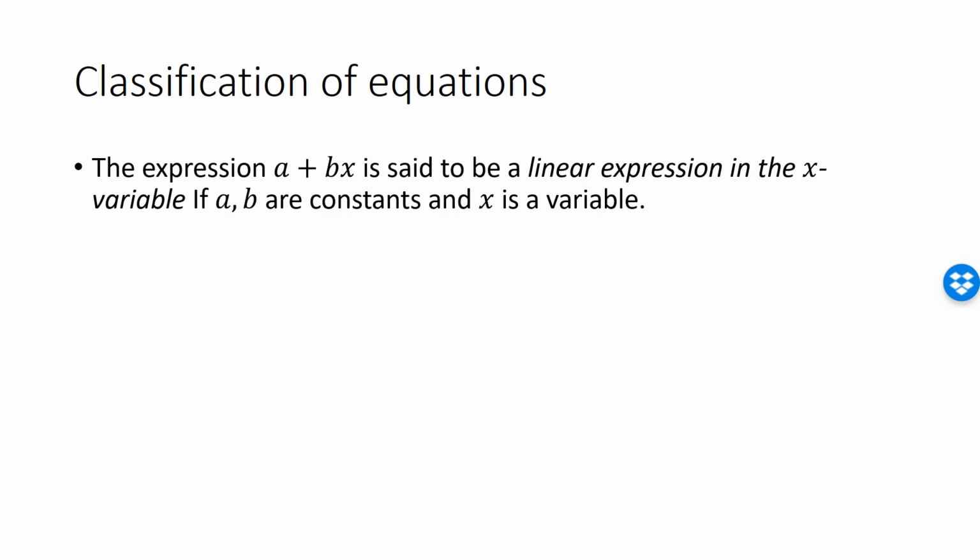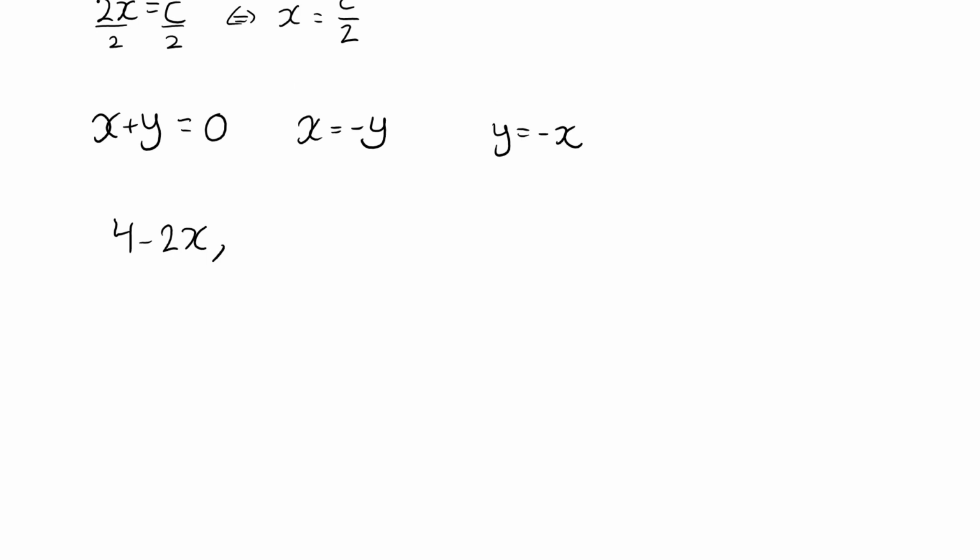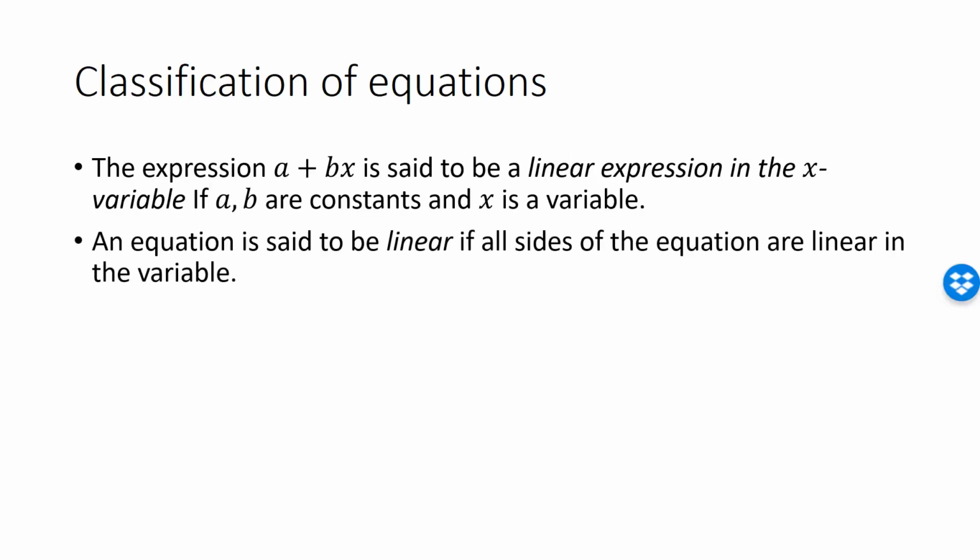So for example, 4 minus 2x, b times x, a plus 3x, and minus 5 are linear expressions, while x squared is not. We say that an equation is a linear equation if both the left-hand side and the right-hand side are linear expressions. Such equations are always very simple to solve.